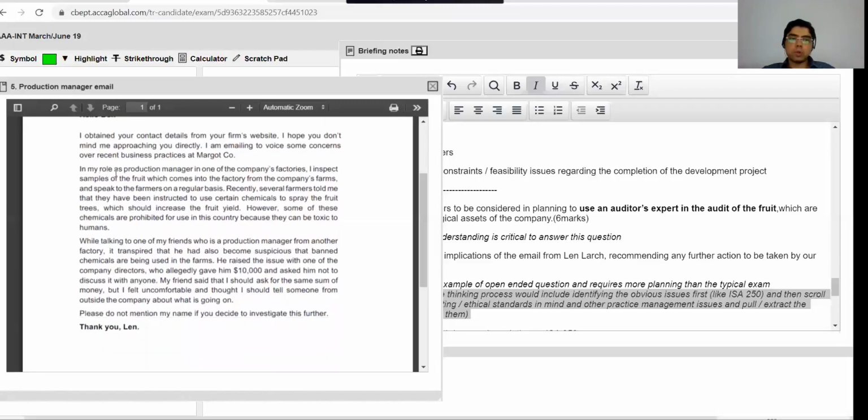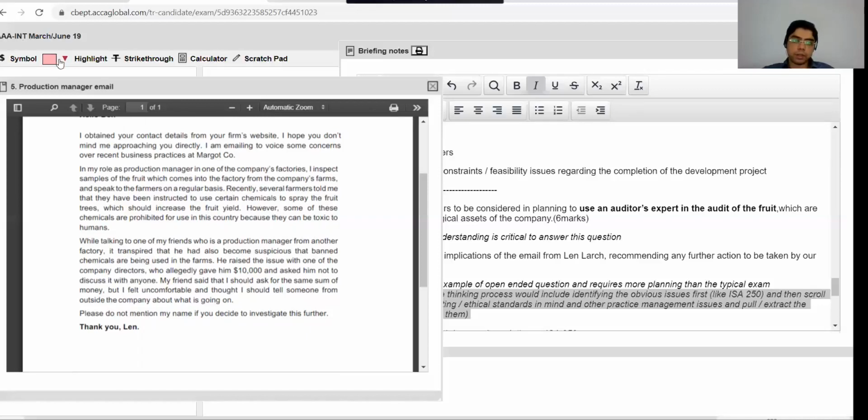In my role as production manager in one of the company's factories, I inspect samples of the fruit which comes into the factory from the company's farms and speak to the farmers on a regular basis.